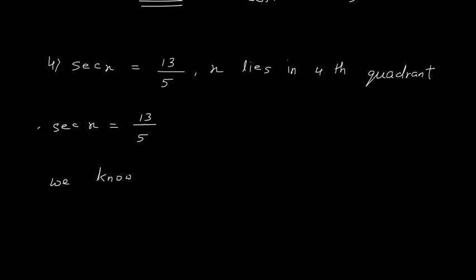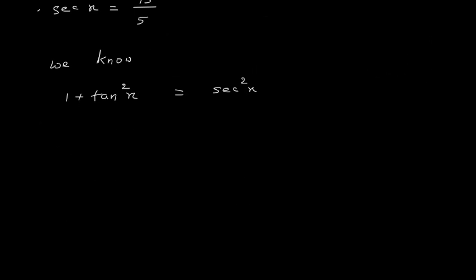We know that 1 plus tan square x is equal to sec square x. So 1 plus tan square x is equal to 13 divided by 5 whole square.